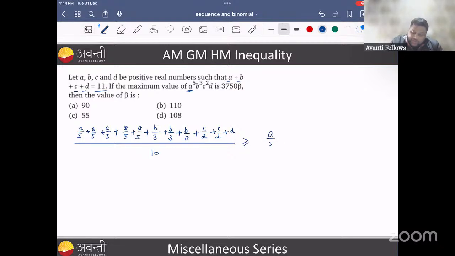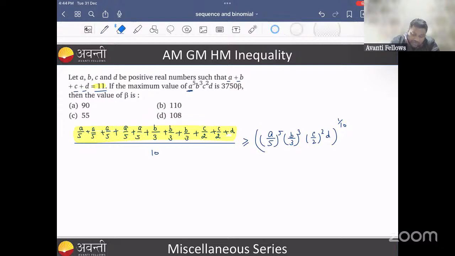That means A by 5 to the power 5, B by 3 raised to the power 3, C by 2 square into D, whole raised to the power 1 by 10. Correct? Now this numerator sum is A plus B plus C plus D, which is given to me as 11.